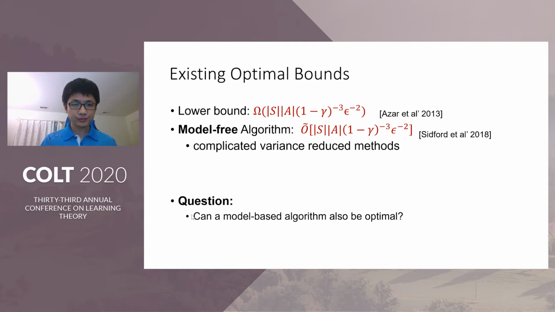So the question to ask is whether model-based can also be optimal. Note that the model size of the MDP is proportional to S squared instead of S. That is the subtlety. The model-free algorithm based on the value function only has a complexity proportional to S and A.